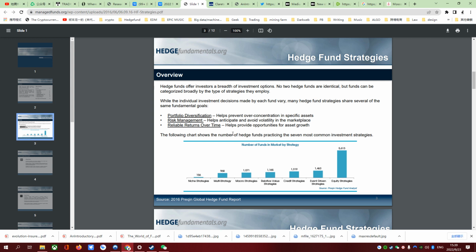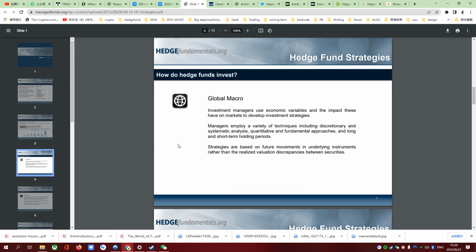So there are different variables that you should examine, and to be a good hedge fund manager, or to know about hedge funds, these are the things that you really need to know. Okay. So what is global macro? Global macro is where investment managers use economic variables and their impact on the market as their own advantage to develop their own investment strategies.